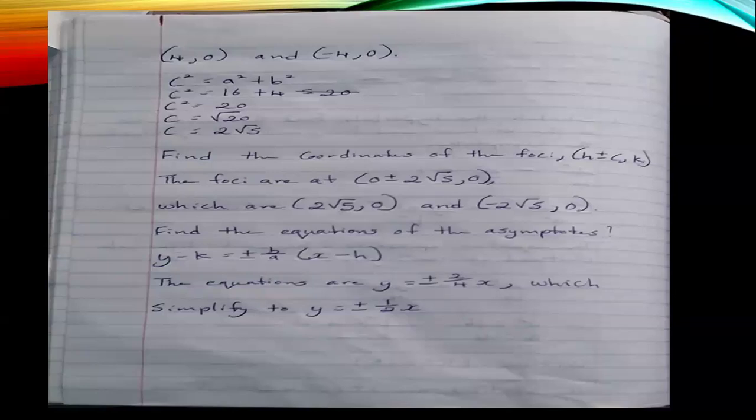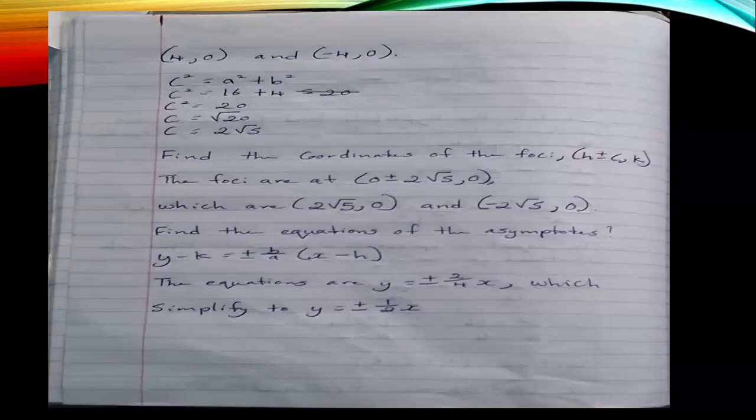Now we know our b value, which is 2, because if you square root that, it is 2, and our a value, if we square root that, it gives us 4. So this can be reduced, and it will give us y equals plus or minus half x.